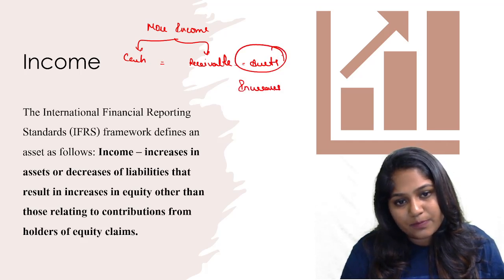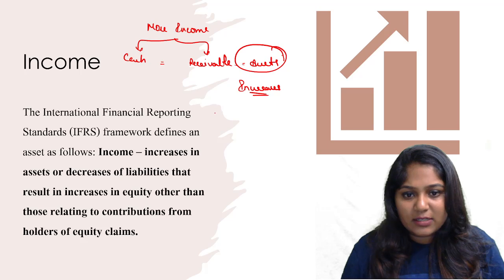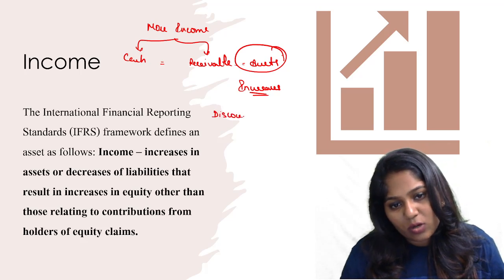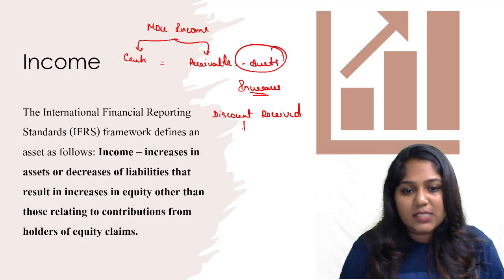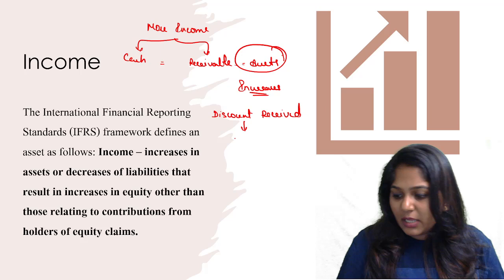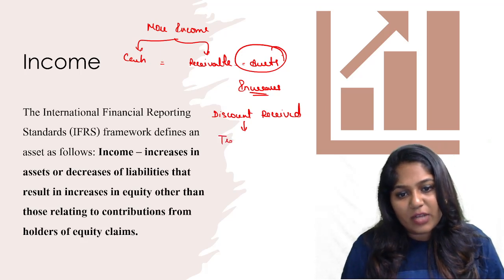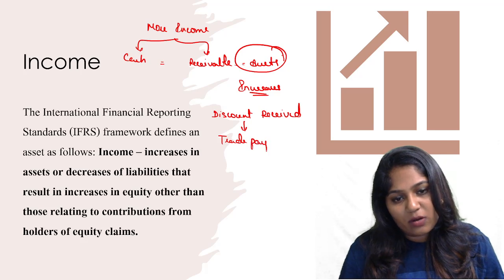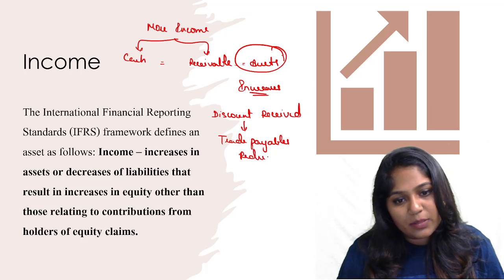Do you agree? Sometimes we also treat discount received as income, right? So what is discount received? I might have trade payables, which is one of the current liabilities. In that trade payables, there is a reduction in payable.